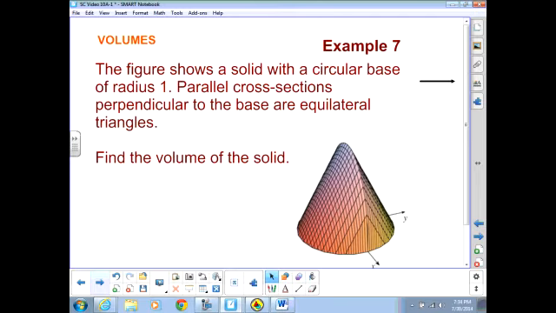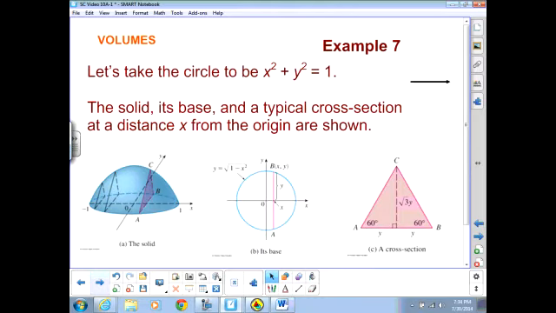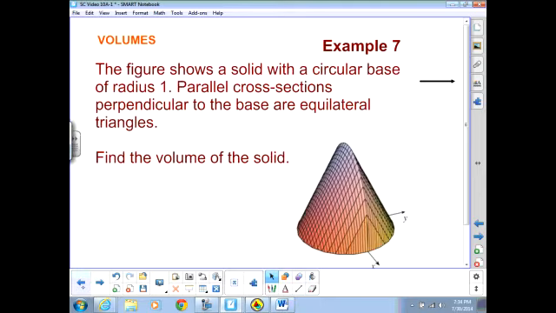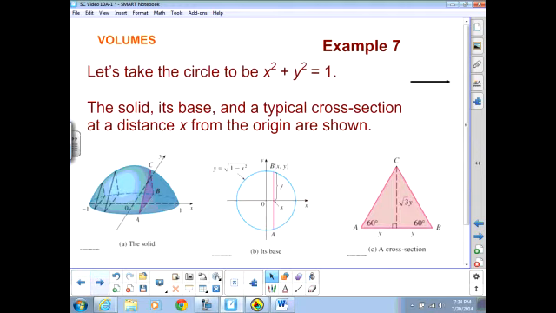Now, note our base is a circle, so we're going to kind of look at this from above. And that's what that middle picture does. The middle picture there puts our circle, it's our base, on an xy axis. Now notice they did tell us that our circle had a radius of 1. That's why we don't have r in this case. We have 1.